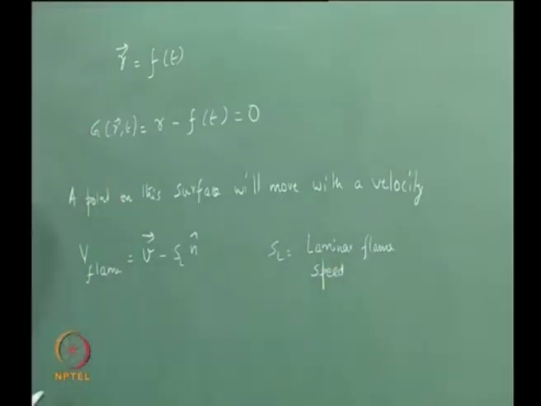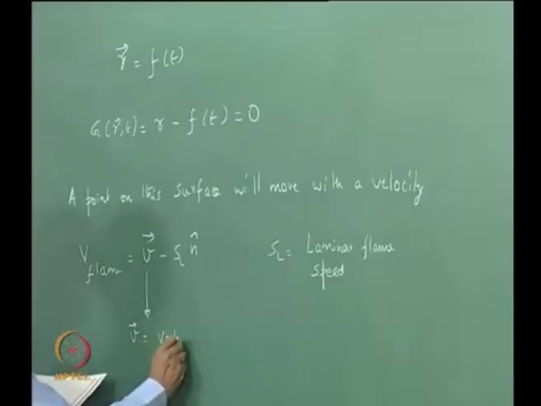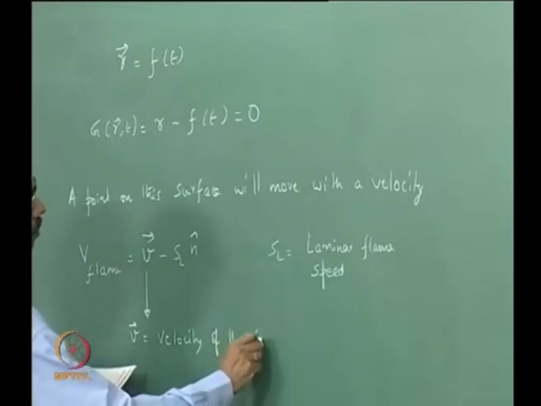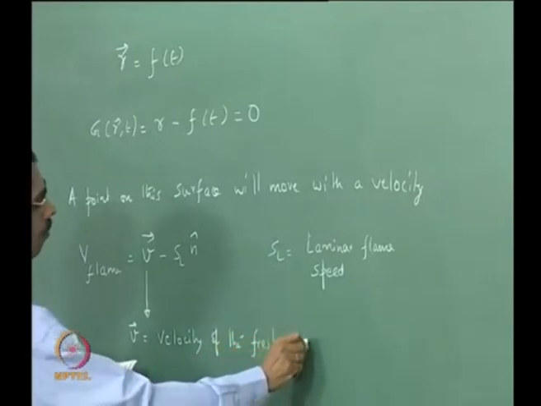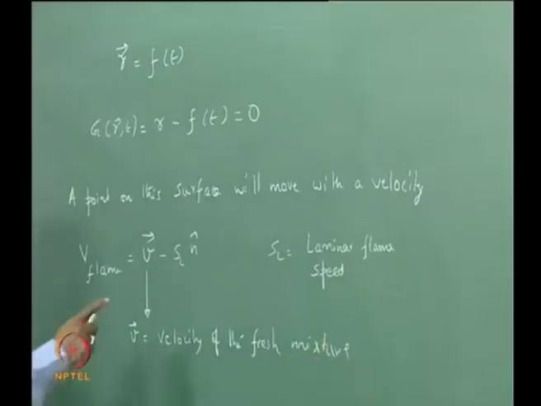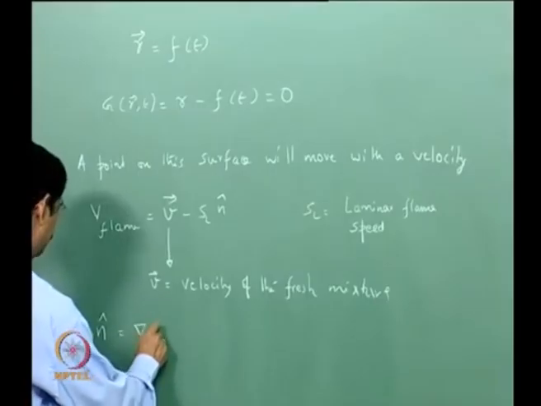So if V is the velocity of the local fresh mixture, and SL is the flame speed, and we need to know what is N. N is the local normal.